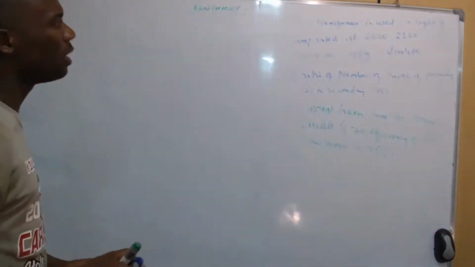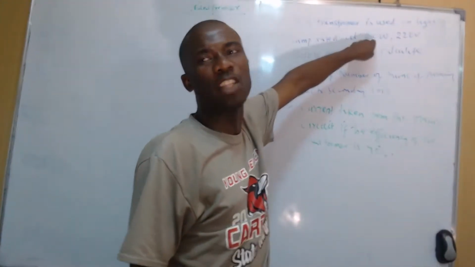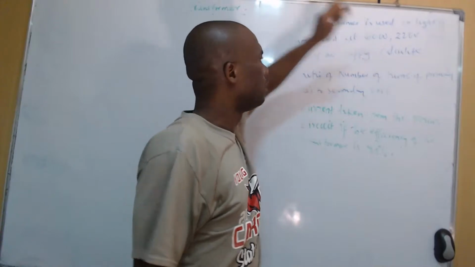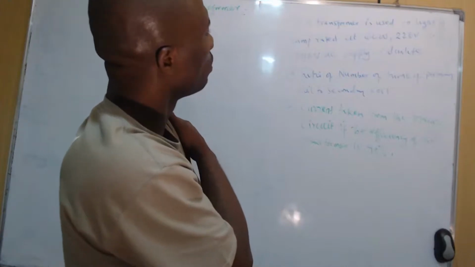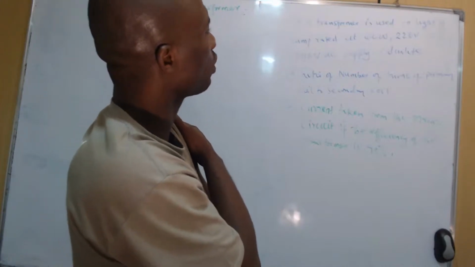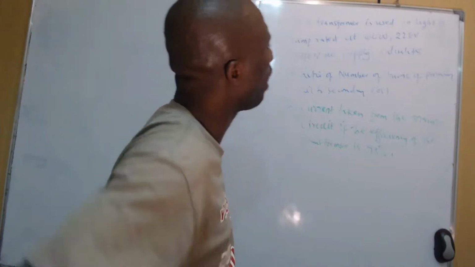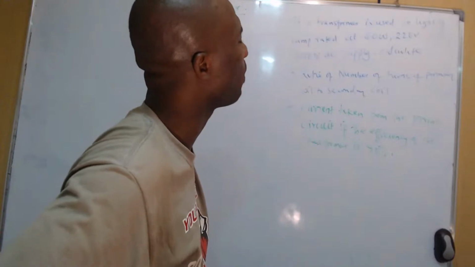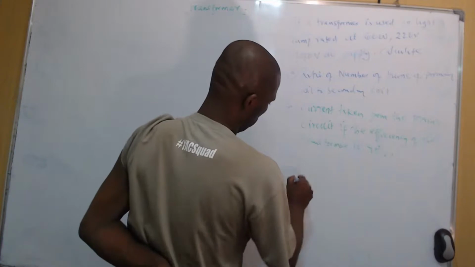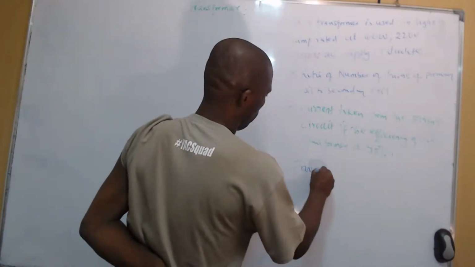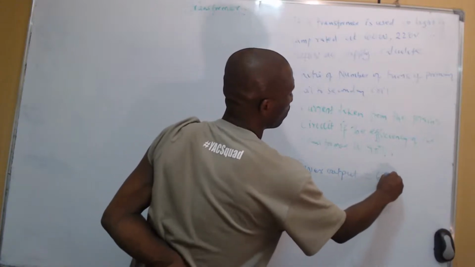Now, we have been given that a transformer is used to light a lamp rated at this. This is power output. But they say we should calculate the number of turns of coil in the primary to secondary. Power output was 60 watts.